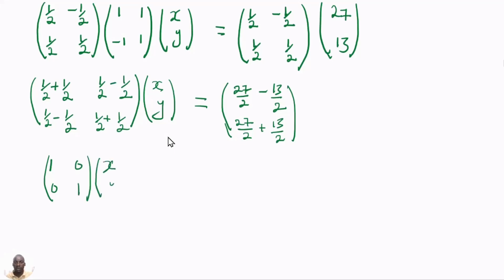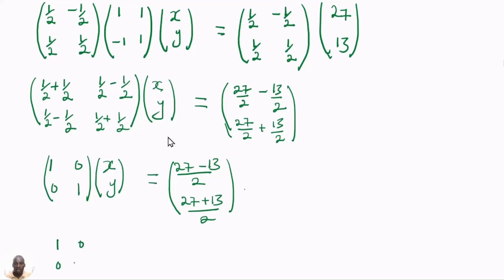Multiplied by the xy equals to, as we simplify this is the same as having 27 take away 13, the whole of it divided by 2. Then we have the 27 plus 13, the whole of it divided by 2. So let us simplify further. This is the same as having the 1, 0, then 0, 1 multiplied by the xy equals to 27 take away 13, the same as 14.